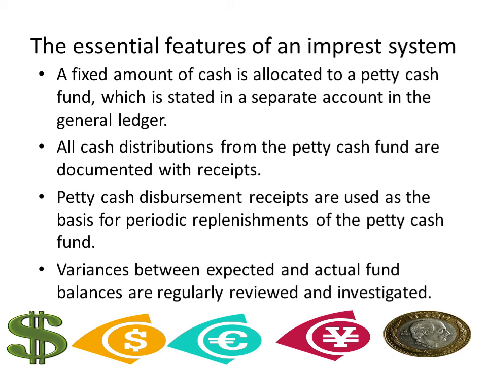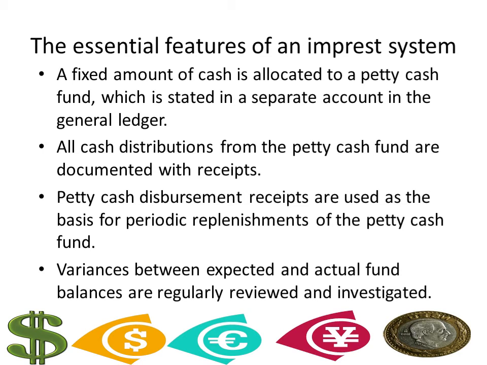Now, we check on the accountability of the petty cash custodian. We also check all cash distributions from the petty cash fund and the documented receipts, so that we could check the accountability, or the amount that has gone in and out of this particular cash custodian.